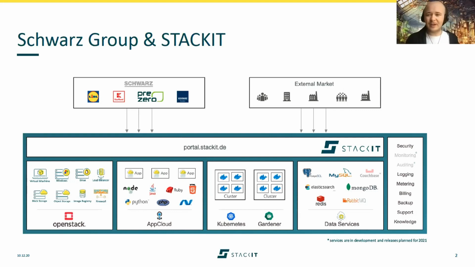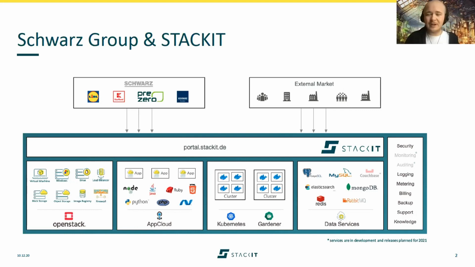So we want to provide VMs, storage, network, stuff like that. We have a PaaS layer where we want to provide services like a database, for example MongoDB. We have other messaging tools like RabbitMQ, and also a Cloud Foundry running, and of course the Kubernetes engine itself.